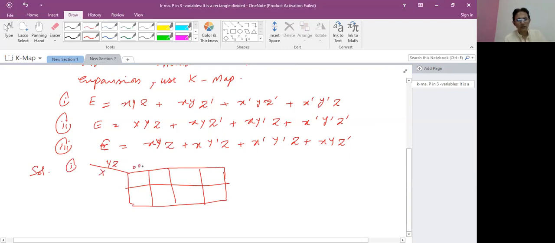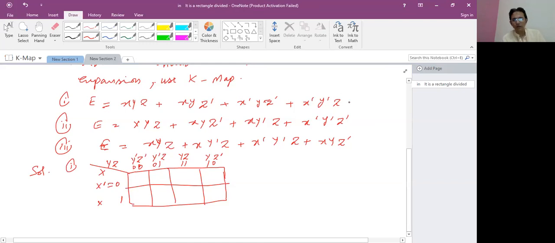The first one is 0 0, second is 0 1, third is 1 1, and fourth is 1 0. For x it is 0 and 1. 0 0 represents y complement z complement, then y complement z, y z, and y z complement. 0 represents x complement and 1 represents x.